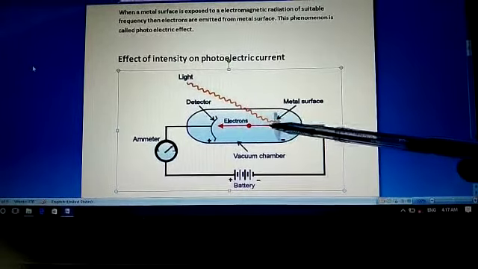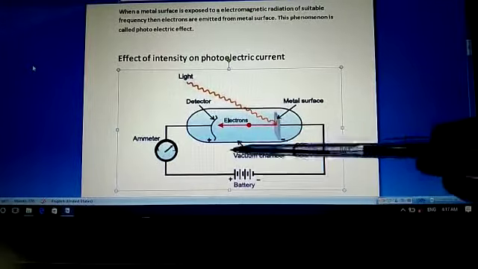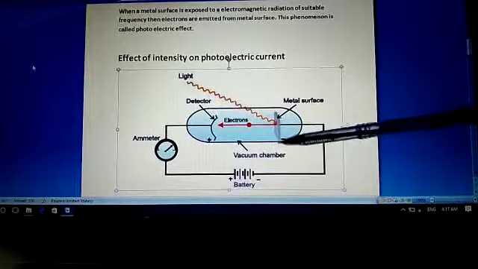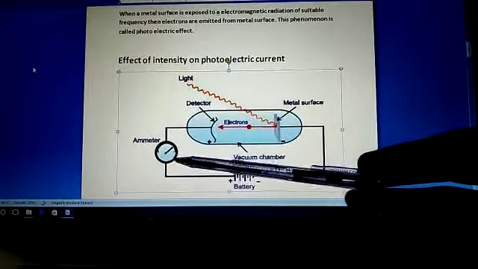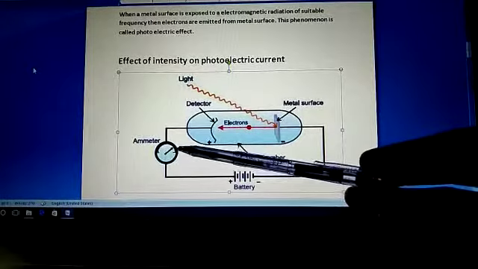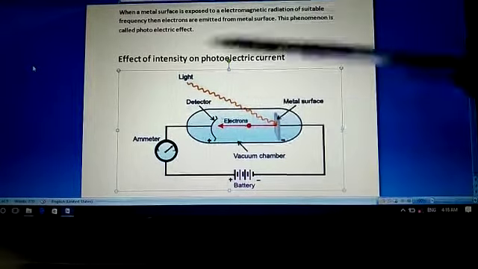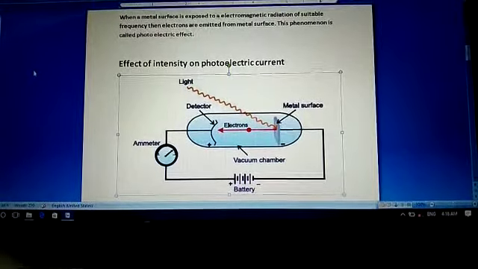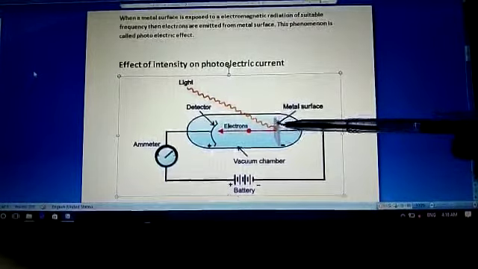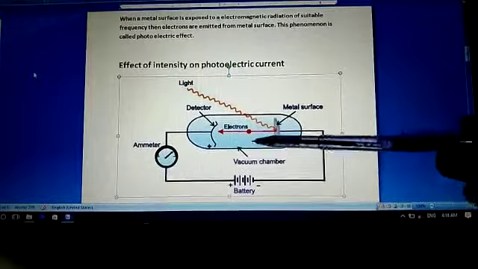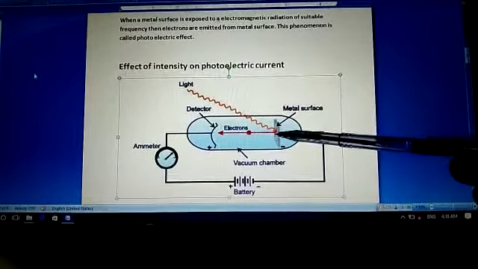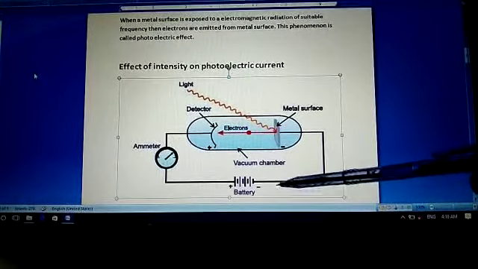We call these electrons photoelectrons, and when they move inside a circuit, current flows, which we detect using an ammeter or galvanometer. The current flowing inside the circuit due to photoelectrons we call the photocurrent.